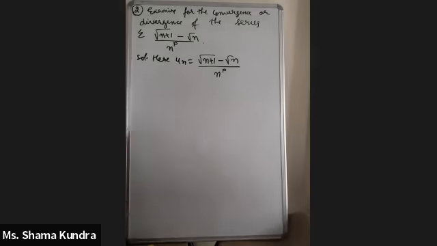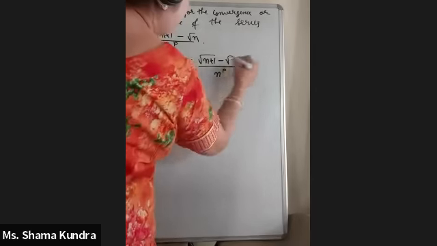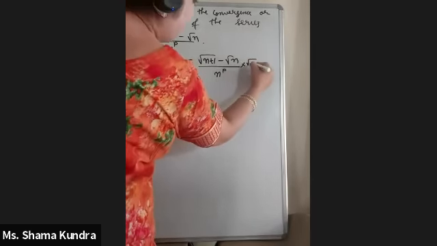Note one thing. Whenever un has square root terms, like under root a minus under root b in the numerator or in the denominator, always rationalize it. When we rationalize, the minus sign will become plus.